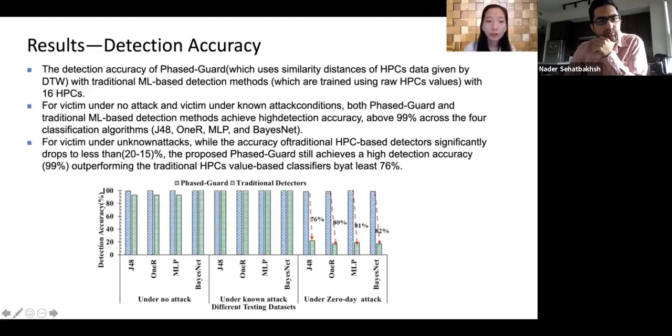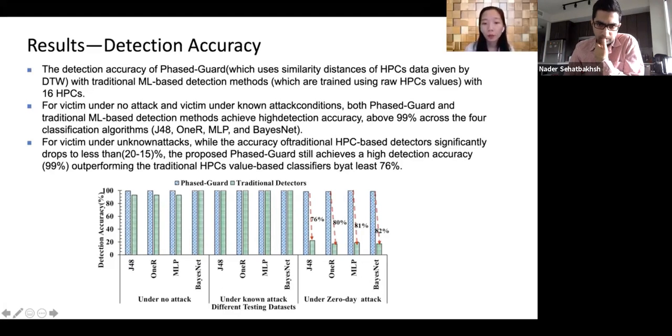So we first evaluate the detection accuracy with 16 HPCs with our proposed method and the traditional method. We can see that under no attack or under known attacks, which are the 2 main scenarios conducted in prior works, the detection accuracies are very close between our proposed method and prior works.